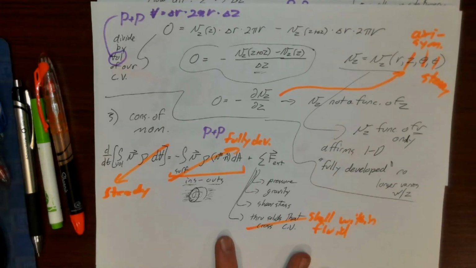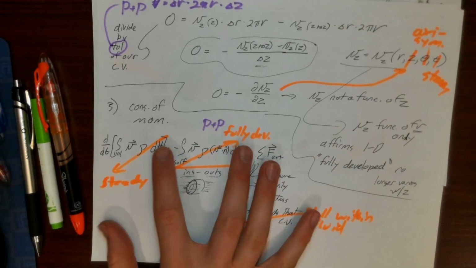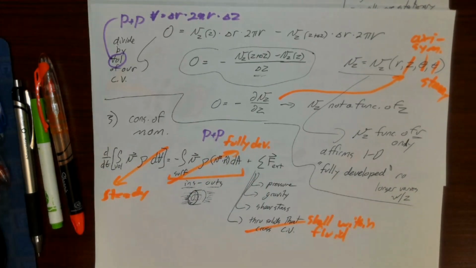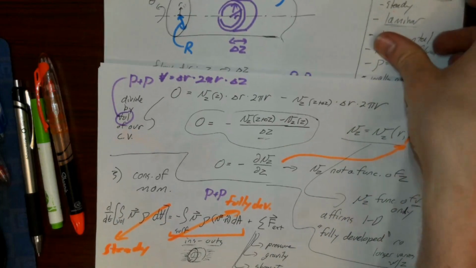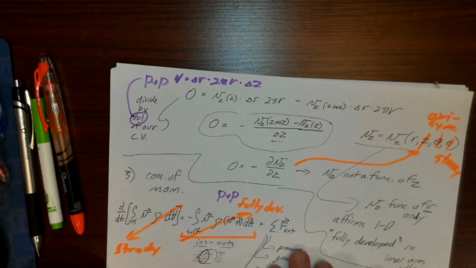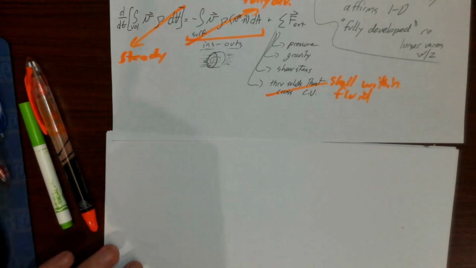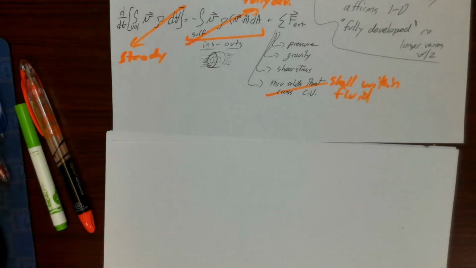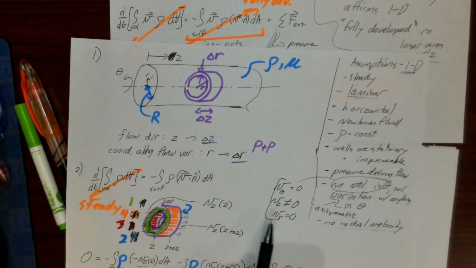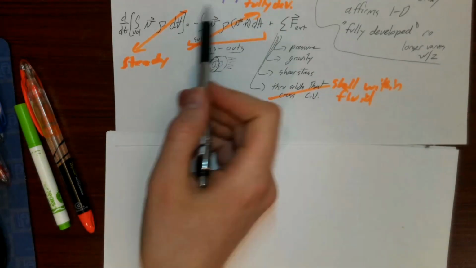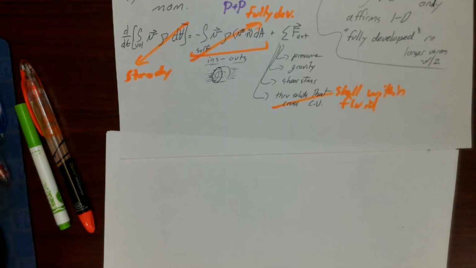So the time has come to consider what component of this momentum we're looking at, or essentially what forces we're balancing. z, r, theta, what direction are we balancing forces? It turns out that a lot of times, if you're looking to derive a velocity profile, for example a z velocity profile, the most useful component of conservation of momentum is in the direction of flow.